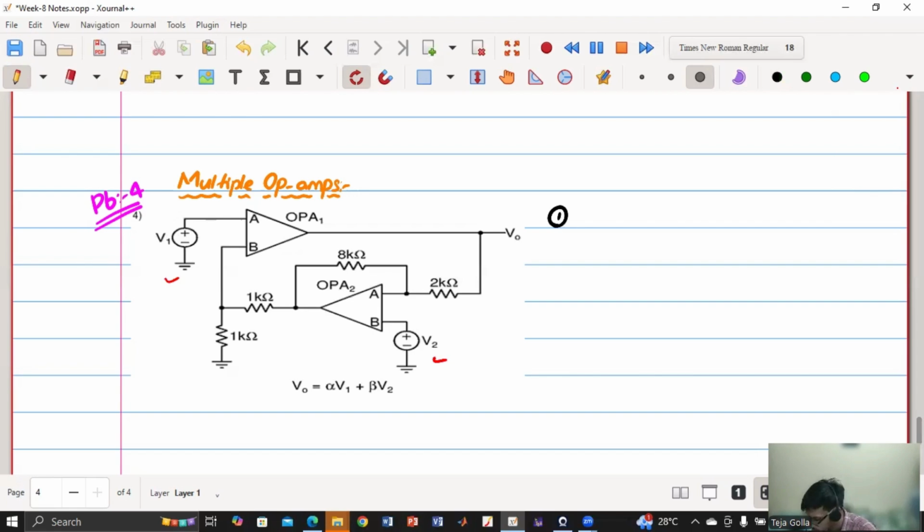But in the case of multiple op amps, first you consider one op amp. So we'll consider one op amp, which means we'll remove that op amp and excite its output with a test voltage V test, and then we'll look at the input terminals.